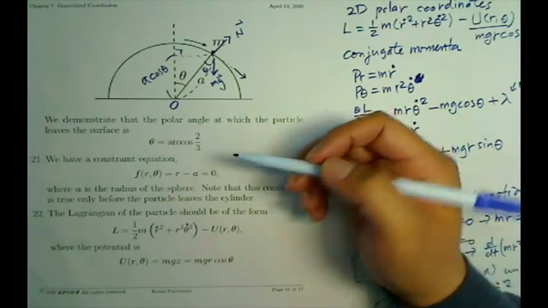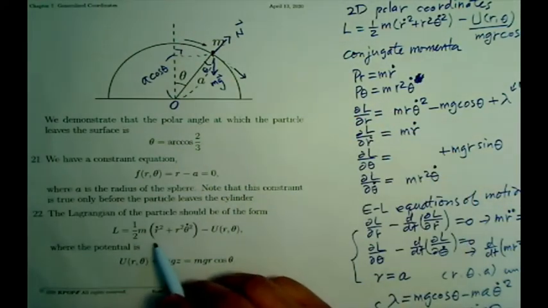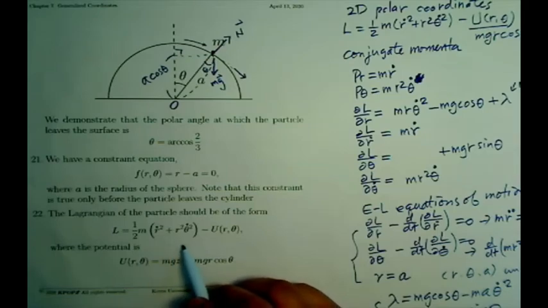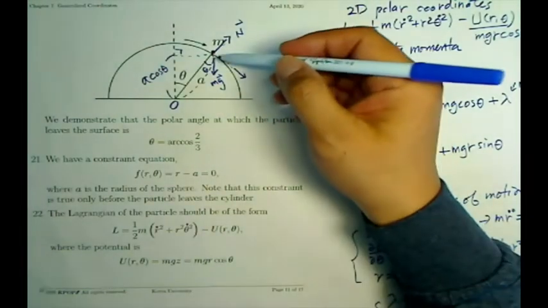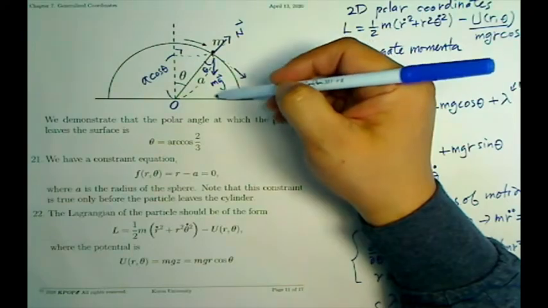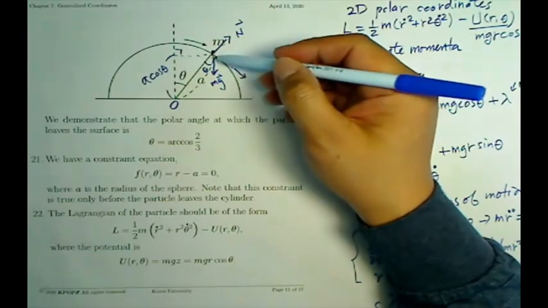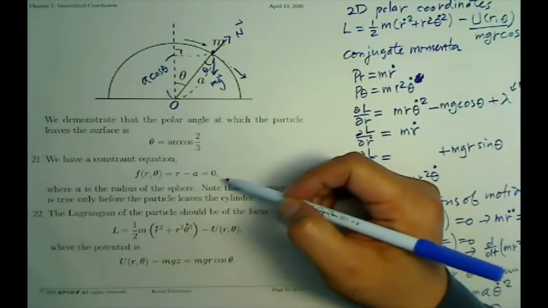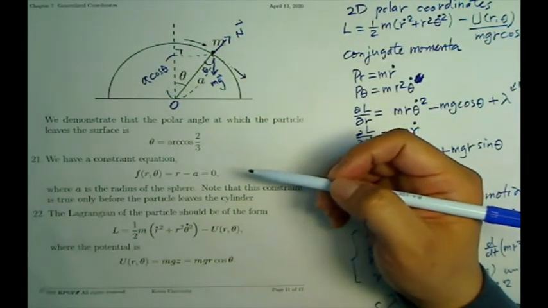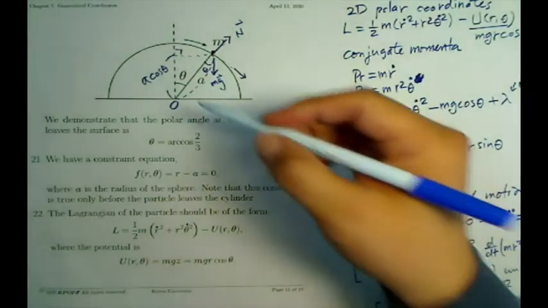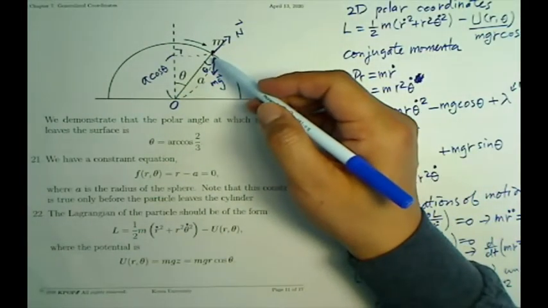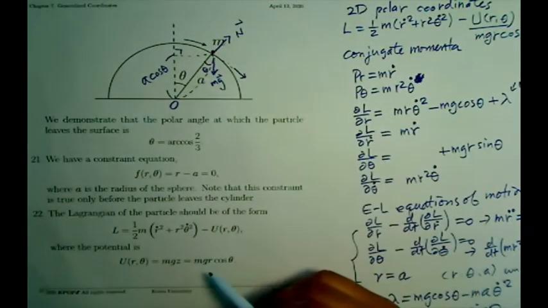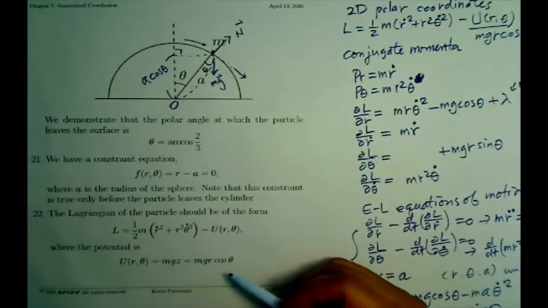and we might want to apply Lagrange's undetermined multiplier method. The kinetic energy in this cylindrical coordinate system is 1/2 m (r dot squared plus r squared theta dot squared). The potential energy of the system is based on the height from the floor, and this is a cosine theta. And if I make use of this Lagrange undetermined multiplier, let me just say r is not fixed to be a, but in general we use m g r cosine theta.